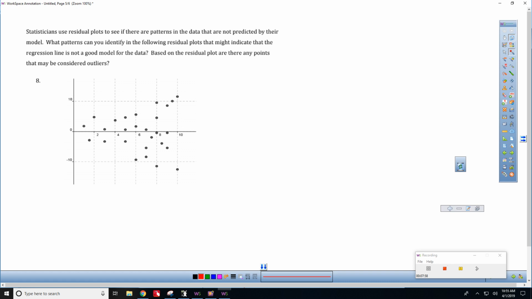Does it look like there are any outliers? Maybe this one, those, and maybe those. Those are all almost 10 units away from the residual line. That seems pretty significant. And maybe you'd throw this one in there too then. Okay? So all they're asking us to do is think right now.